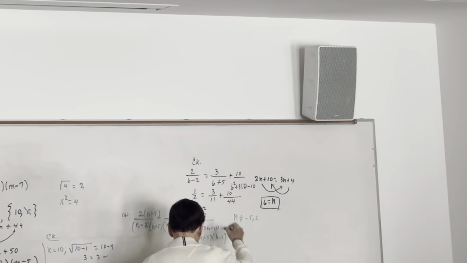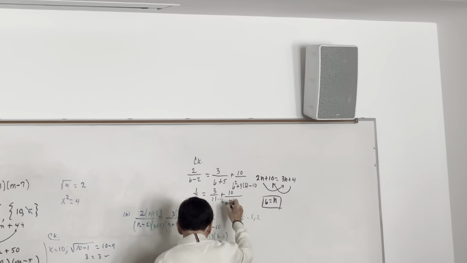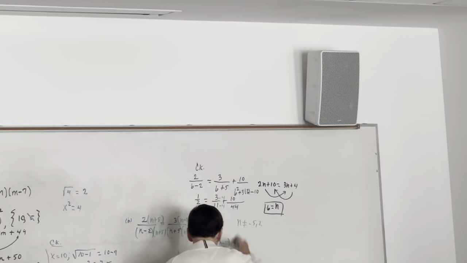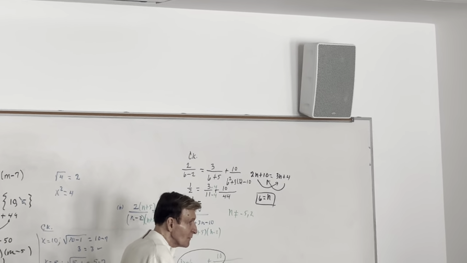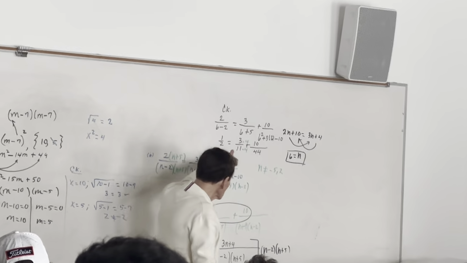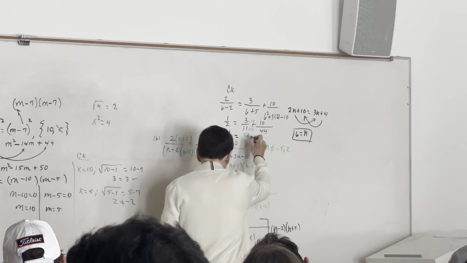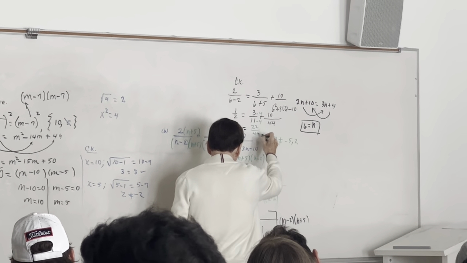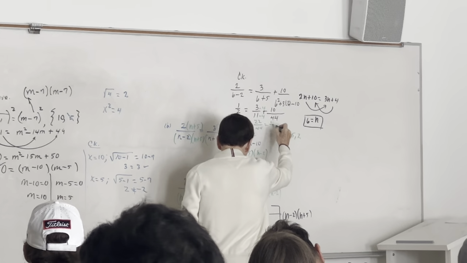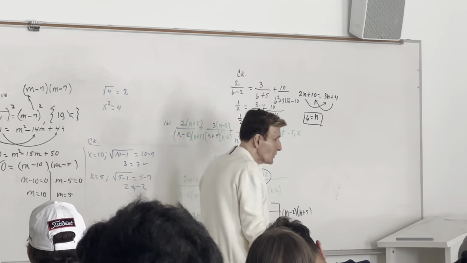Let's multiply this by 4, top and bottom, numerator and denominator. Now they're both the same, 44. On top, I got 12 plus 10, is that 22? Yeah. Over 44, which reduces down to 1/2.